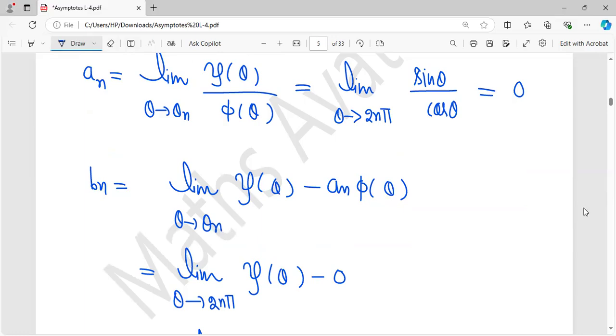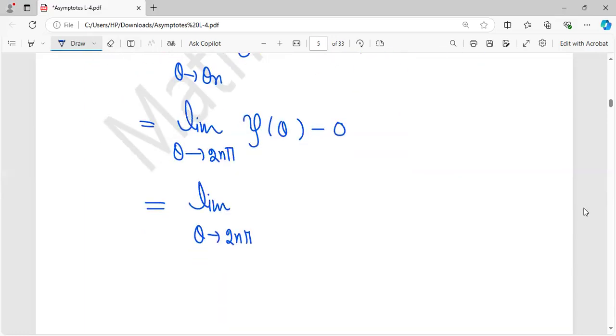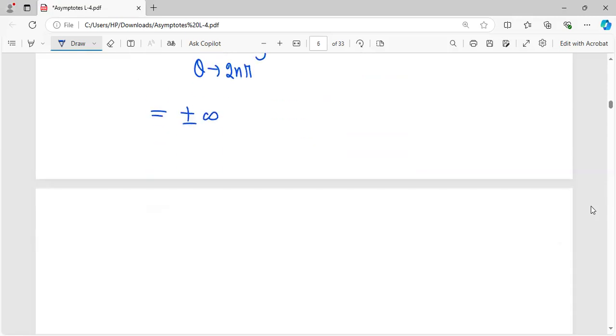We already checked that this is actually plus minus infinity. So what does it mean? So the limit of b does not exist.